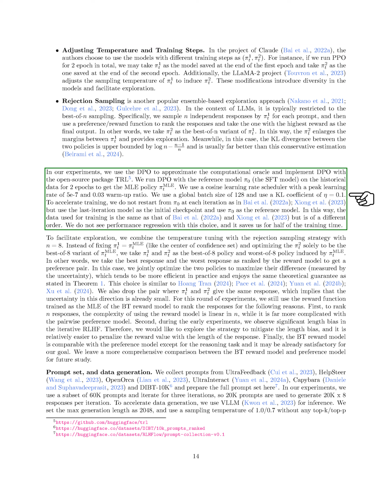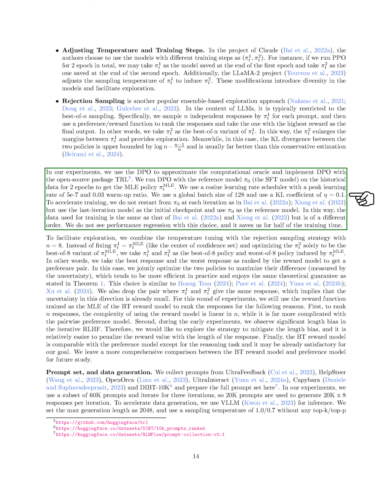In our experiments, we use DPO with the TRL open source package to approximate the computational oracle. We run DPO on historical data for 2 epochs to obtain the MLE policy. We use specific learning rate settings and a global batch size to accelerate training. To enhance exploration, we combine temperature tuning with rejection sampling.